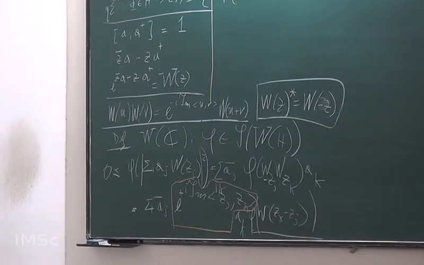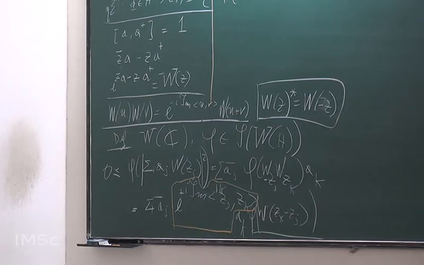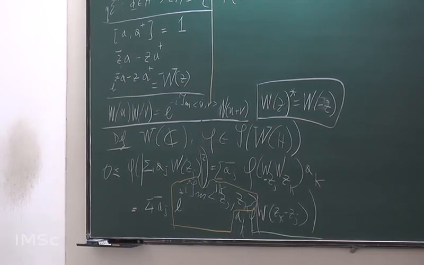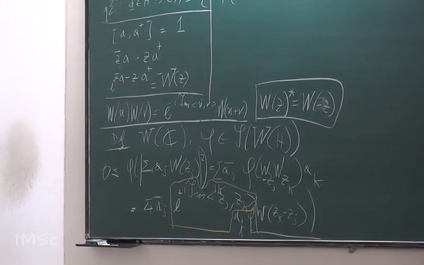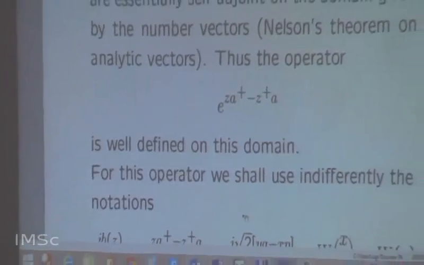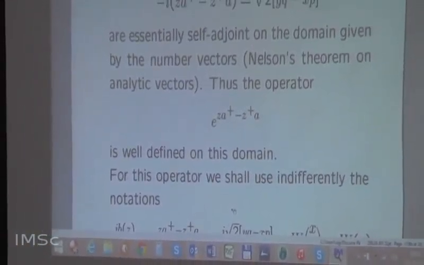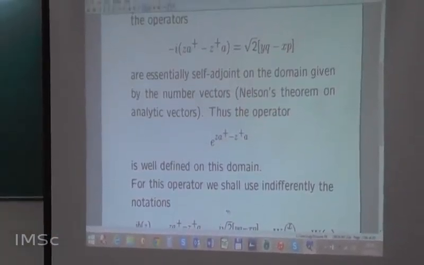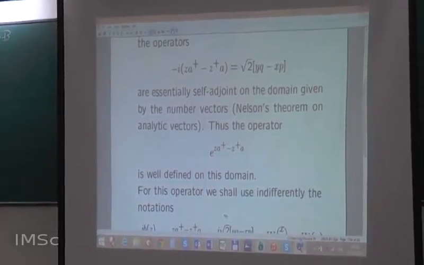So let us go and see. The Weil operators I already wrote on the blackboard are like this. So you see that the boson Weil operators are exactly the quantum analog of what we called the Bernoulli Weil operators.